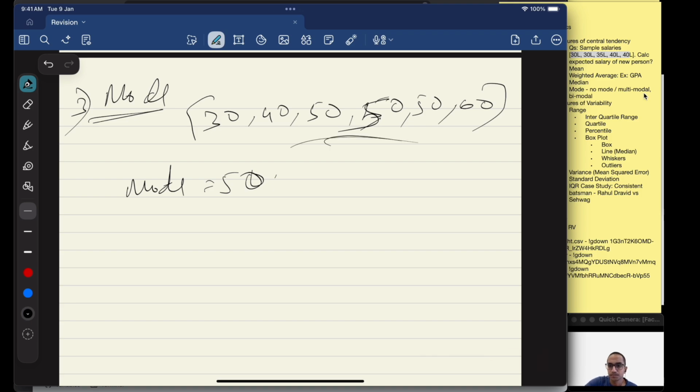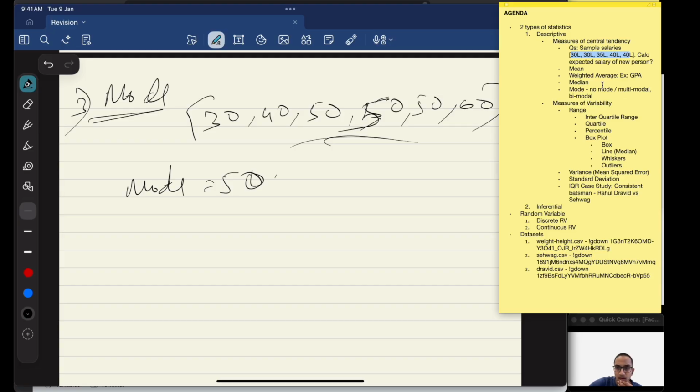Yeah, we'll cover the weighted average. Now, suppose everything in the data set is unique. Suppose the data set is 30, 40, 50, 60.